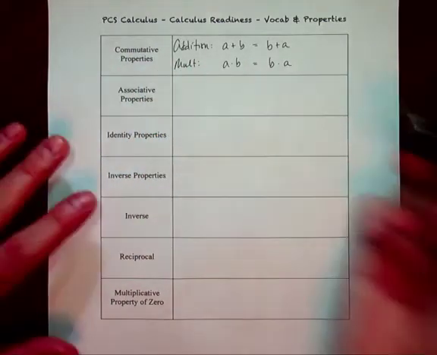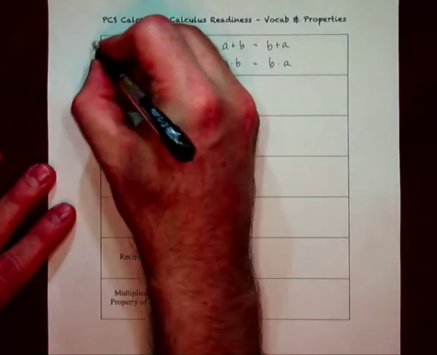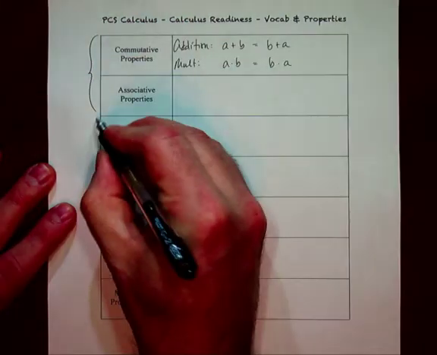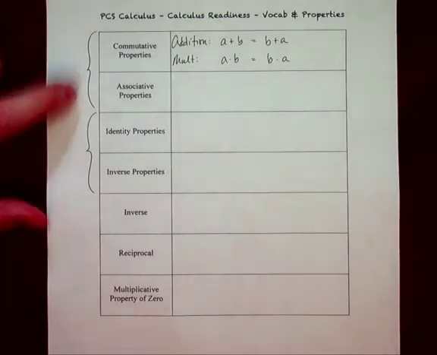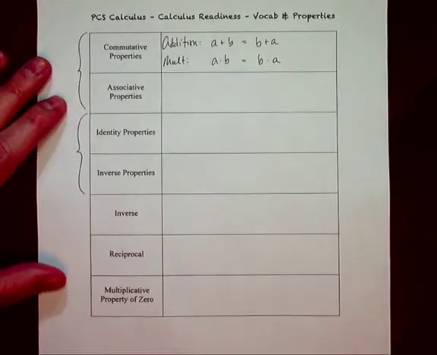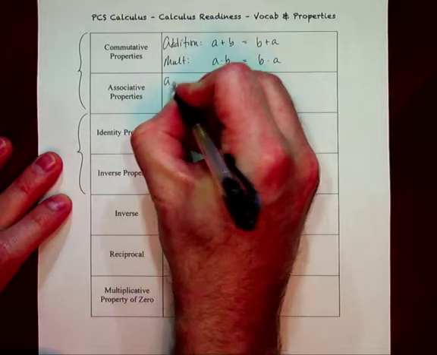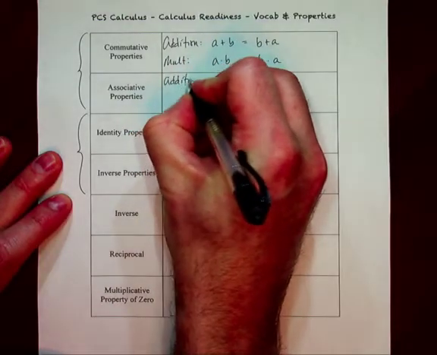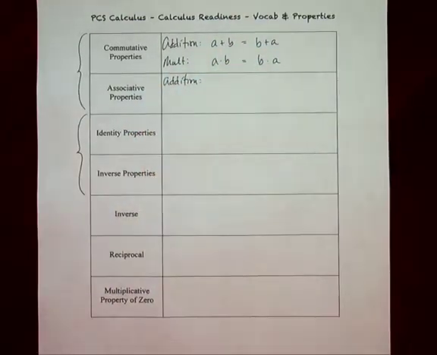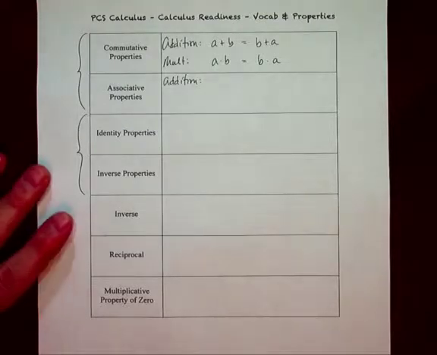Okay. Now remember that these kind of come in pairs. These two belong together and these two belong together. The associative property is kind of a corollary of the commutative property because it's based upon the same principle, and because the associative property has to do with how you associate or group certain terms or factors.